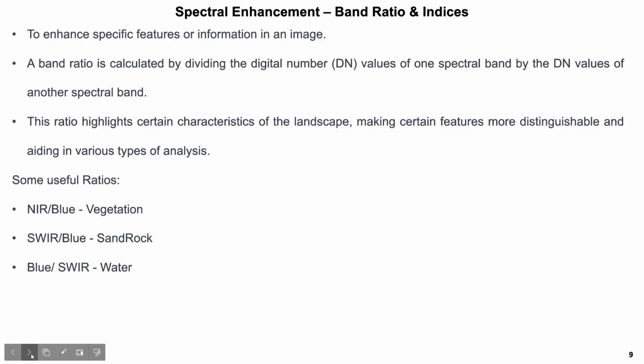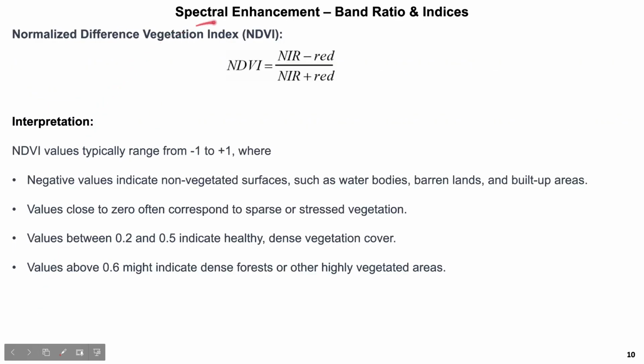Let's say plus 0.05 in the numerator and the denominator also plus 0.05. That is one way of doing that. The other way is you can combine it with other bands and then make some ratios. By doing so, they have defined some standard ratios.